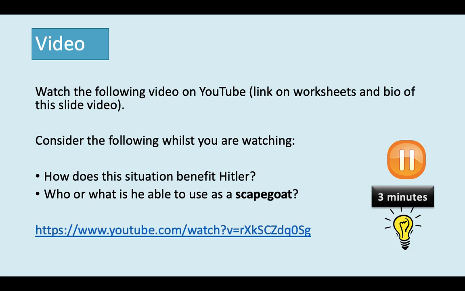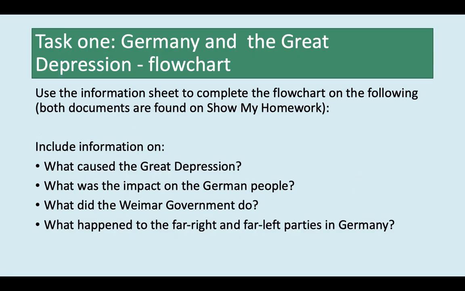Okay, I assume you've watched that video and you've given those 2 questions some thought. So the very first task that I want you to do is to create a flowchart about the Great Depression, what caused it, and therefore what was the impact on the German people. Then what did the Weimar government try to do to deal with this crisis?